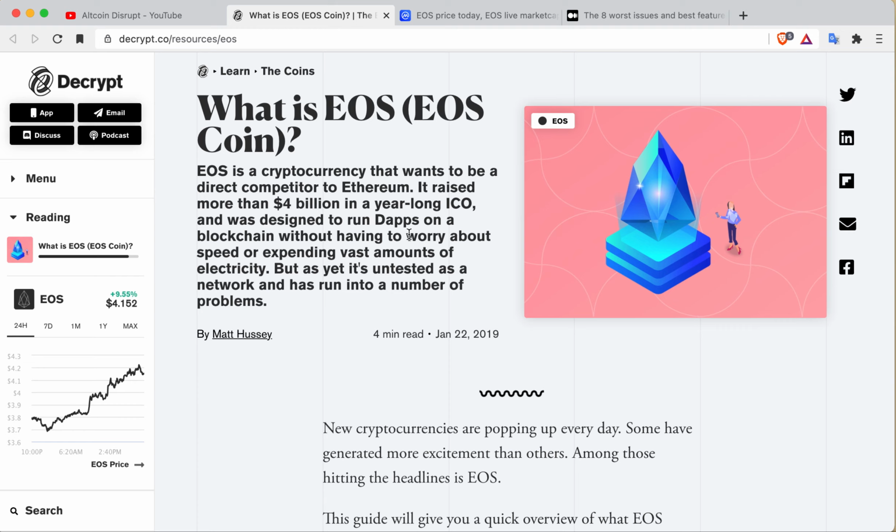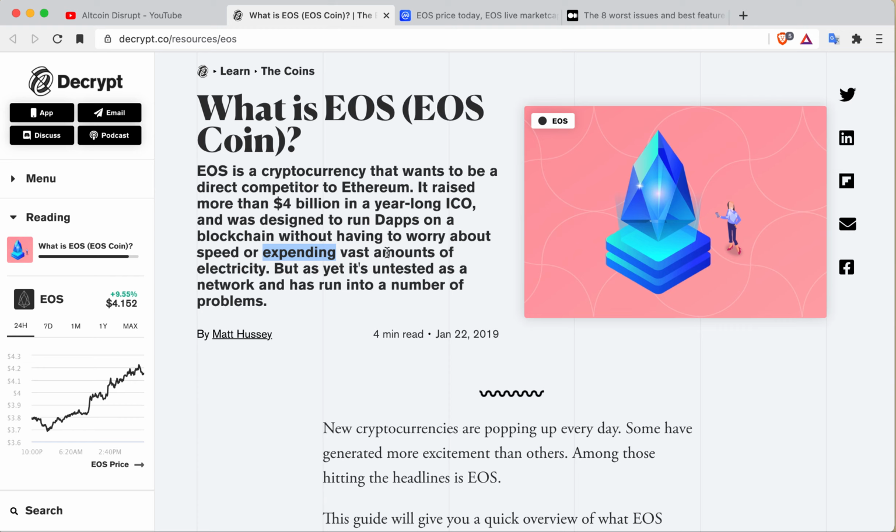And it was designed to run dApps, decentralized applications, on a blockchain without having to worry about speed or expending vast amounts of electricity. Yes, the argument about electricity is that Bitcoin uses a lot of electricity because you have to mine Bitcoin, and EOS is not mineable, so you don't have to mine. EOS is pre-mined.